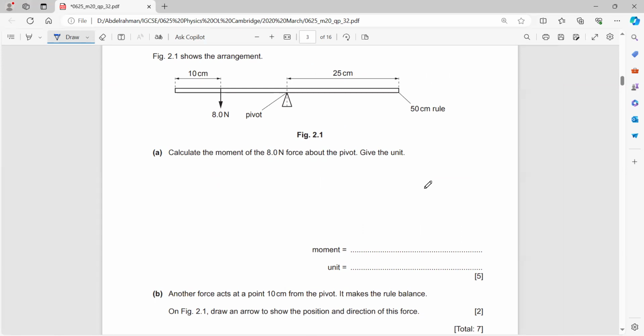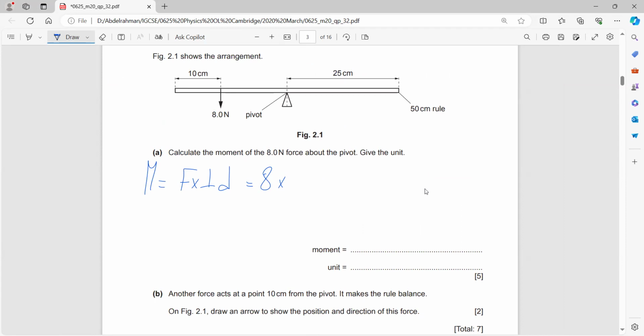Force times perpendicular distance. So moment equals force times perpendicular distance. The force is 8. What's the perpendicular distance? 15. How did you find 15?